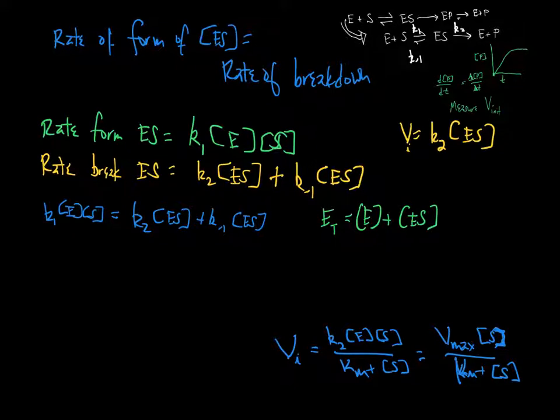And likewise, I'm just going to do that rather than skipping a bunch of steps. So this becomes k1 E times S is equal to ES, this being E, times k2 plus k minus 1.